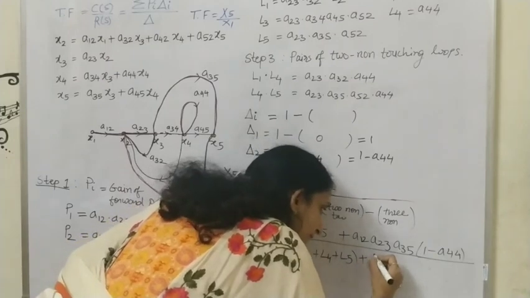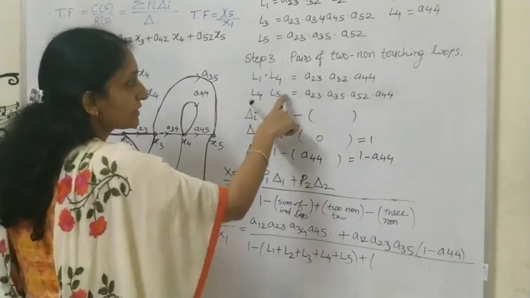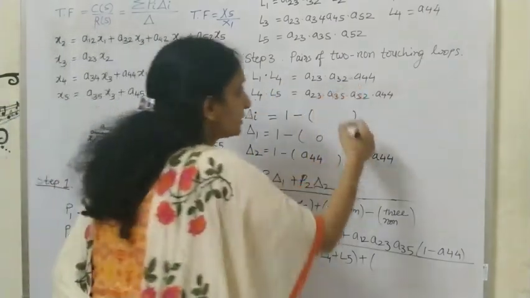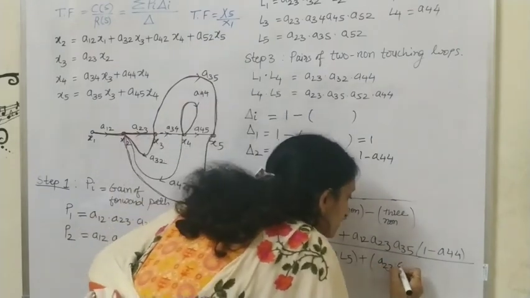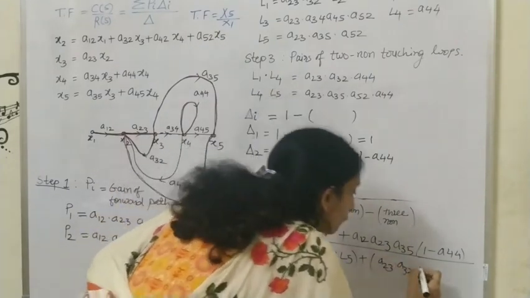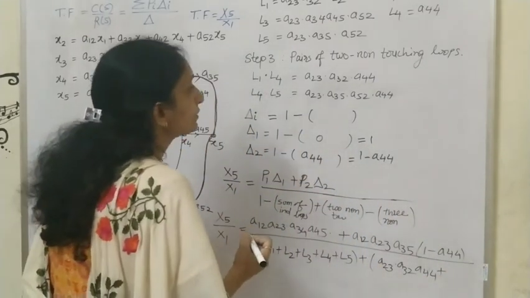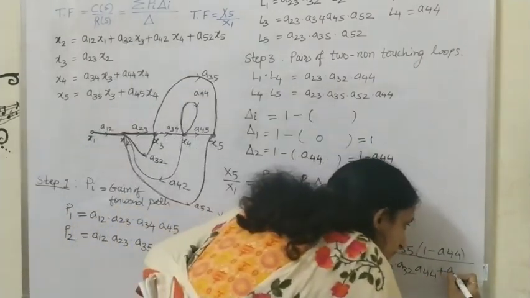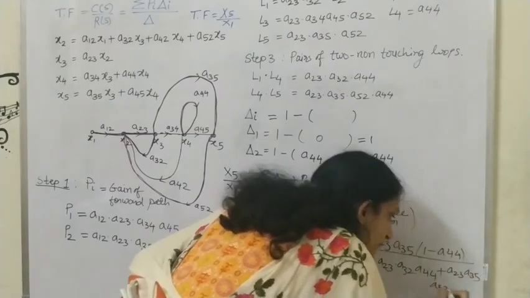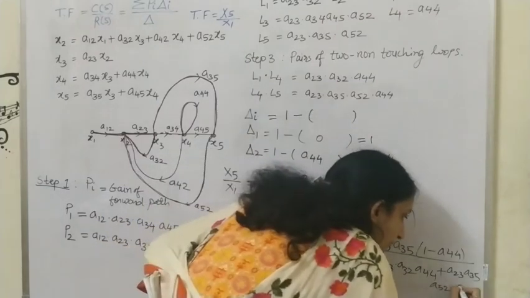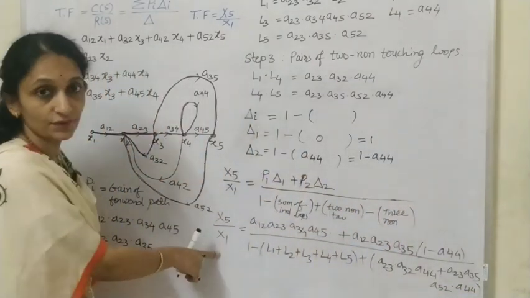Next, plus the sum of two non-touching loops. There is a pair of two non-touching loops, so I will put the value here: a23, a32, a44, plus a35, a52, into a44. Okay, so this is your transfer function.